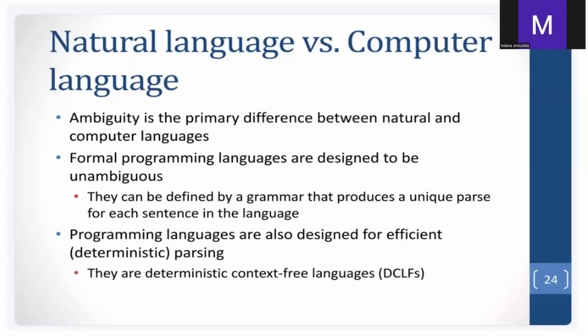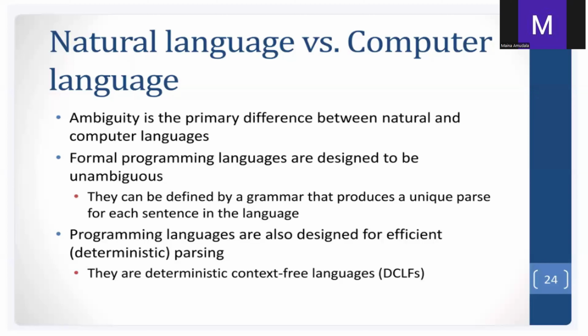Let's see the differences between natural language and computer language. Syntax: natural language has a flexible syntax, while computer language has strict syntax and semantics. Natural language has complex semantics, while computer language has well-defined semantics. Next, ambiguity: natural language is often ambiguous, while computer language is designed to avoid ambiguity.